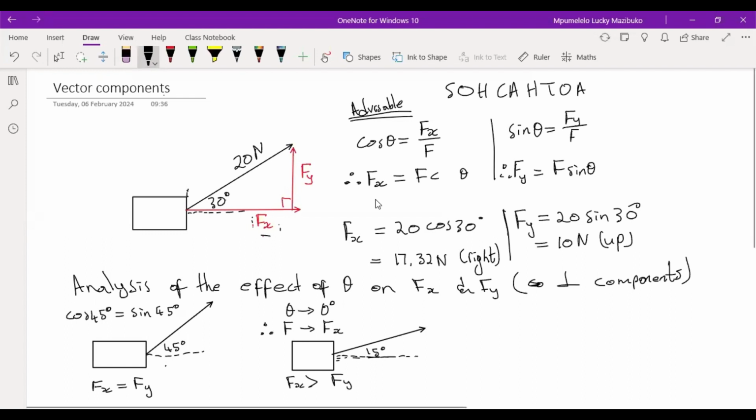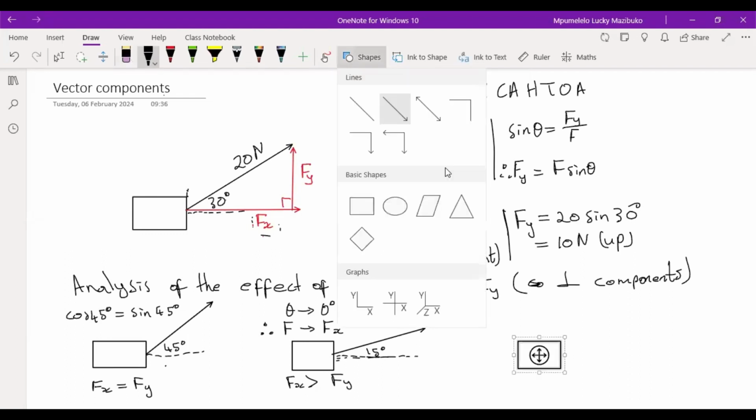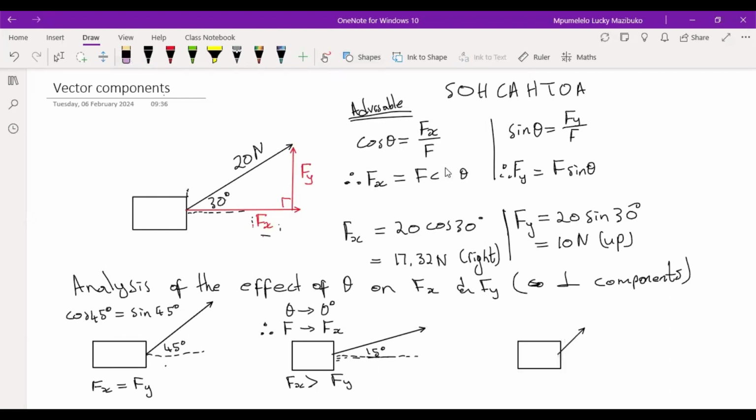And the opposite is then true. If I have the force acting at a very large angle from the horizontal, say 80 degrees, you can already see, if you were to draw a vector, that the horizontal component will be very small, less than the vertical component.